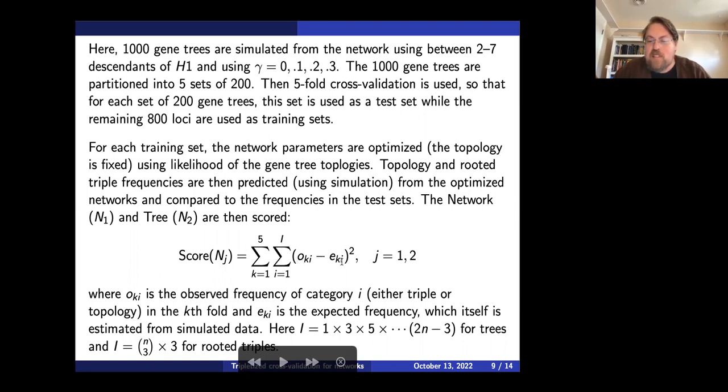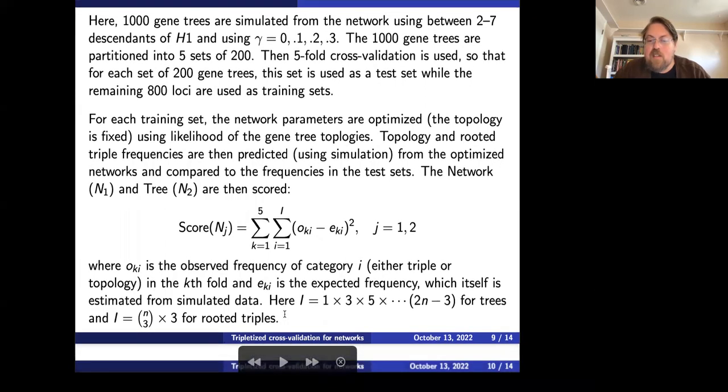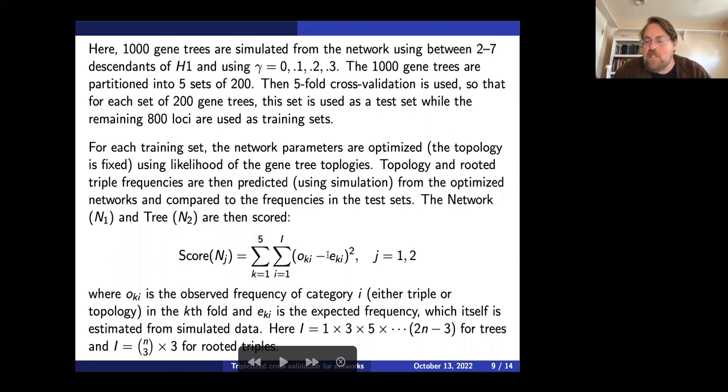Okay, and we look at the squared deviation from the expected frequency, where the expected frequency is estimated using simulated data. And this could have been done using theoretical probabilities. That would be possible too. But in the interest of scalability, it's faster to simulate these things than to calculate their probabilities, especially if you have a nine leaf network.